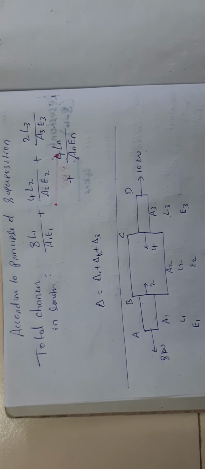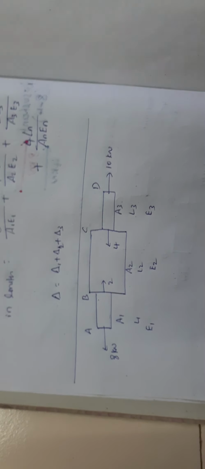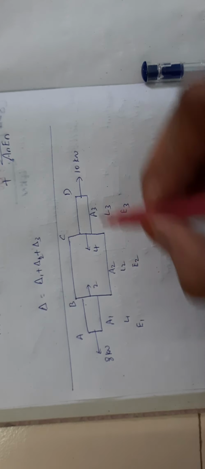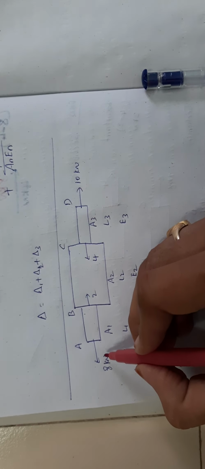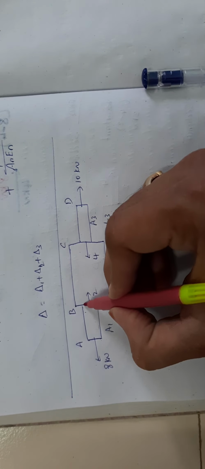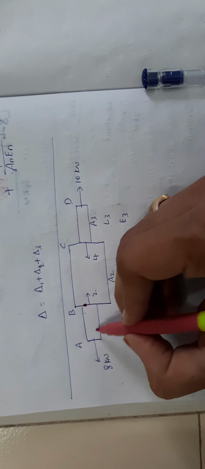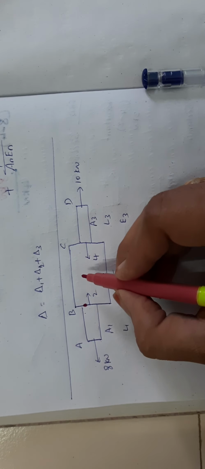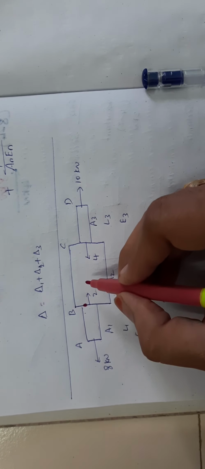Now, before drawing the free body diagram, you take a pencil. Here there is 8 kilonewtons applied. At this point, if you draw the free body diagram of AB alone, then this side will be 8 kilonewtons, that side will be 8 kilonewtons. How will you get 8 kilonewtons?